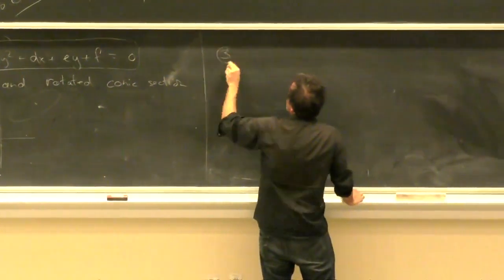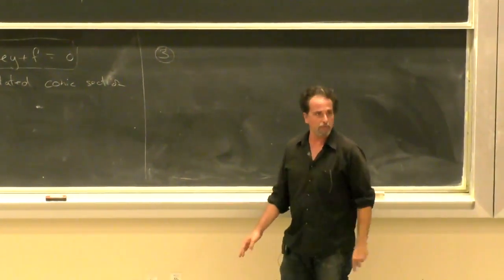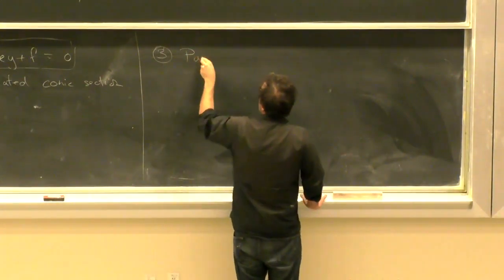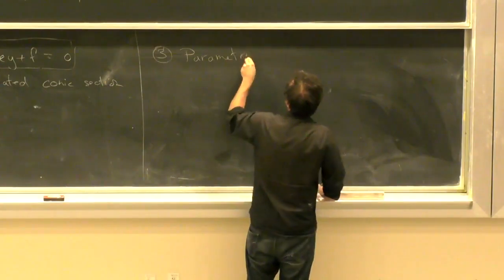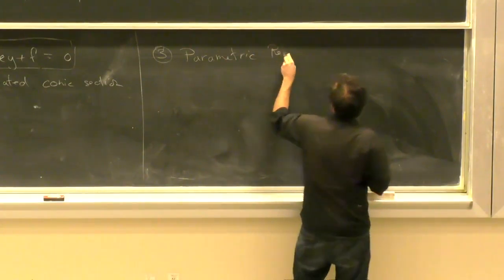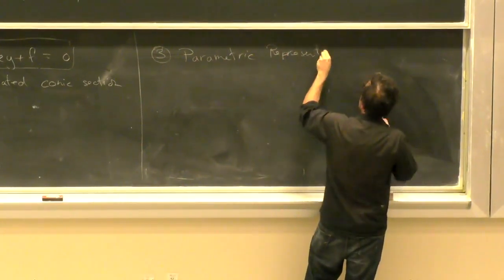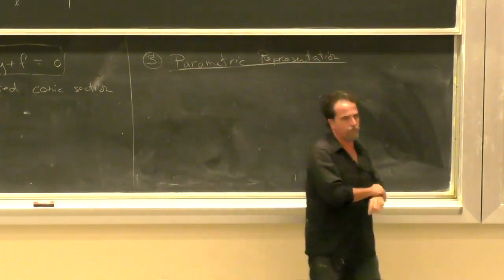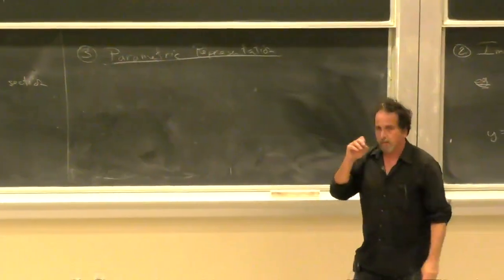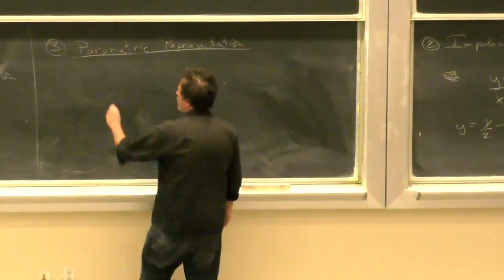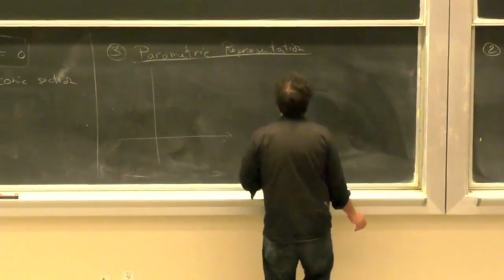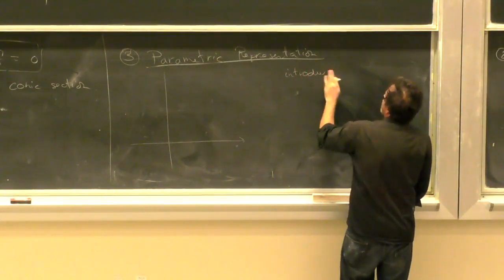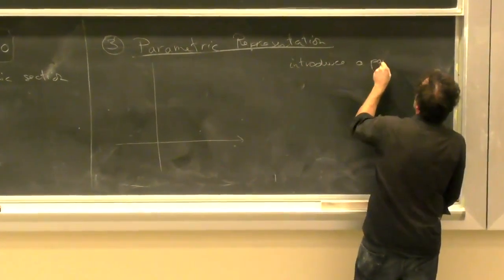The third representation, number 3, is the parametric representation. I don't think we spend enough time talking about the parametric representation. The parametric representation says introduce a parameter.